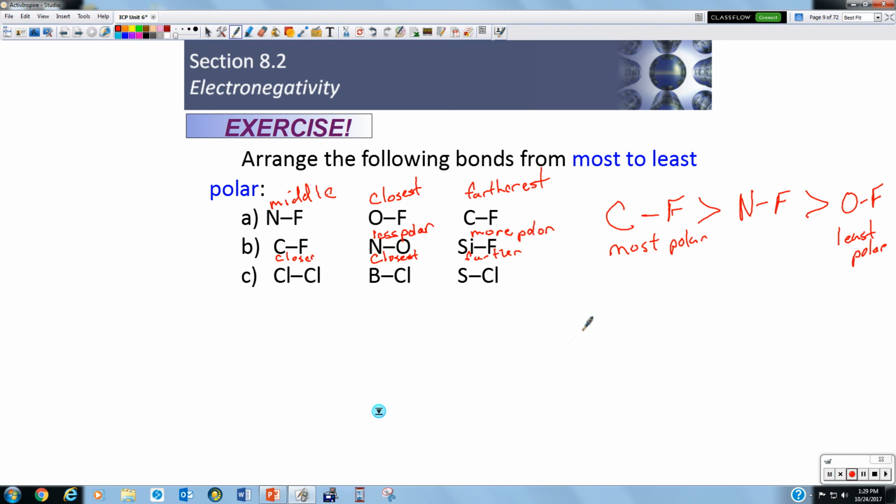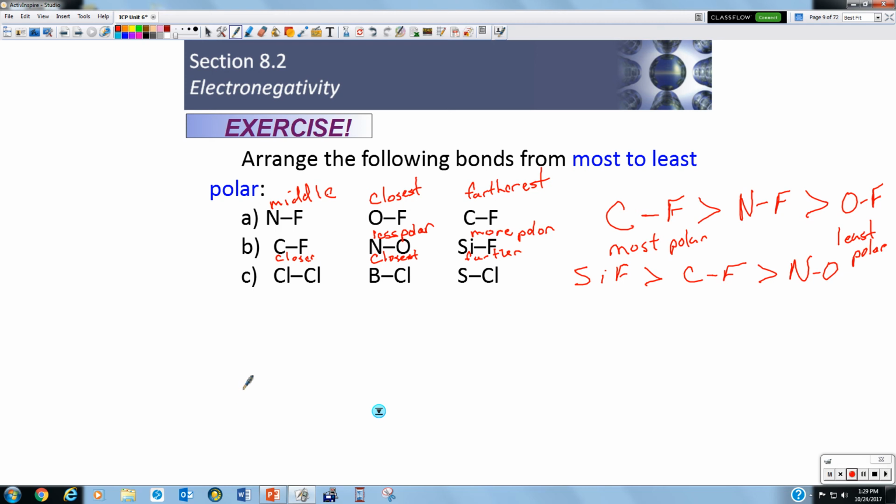So what's the order going to be on this one? From most to least, it'll be SiF is greater than CF is greater than NO.